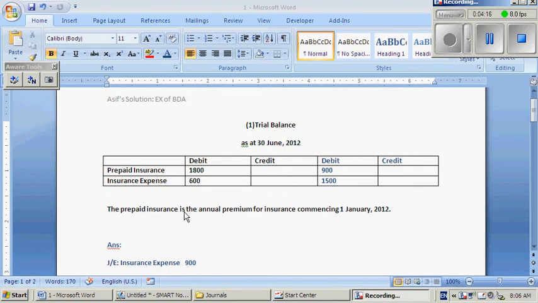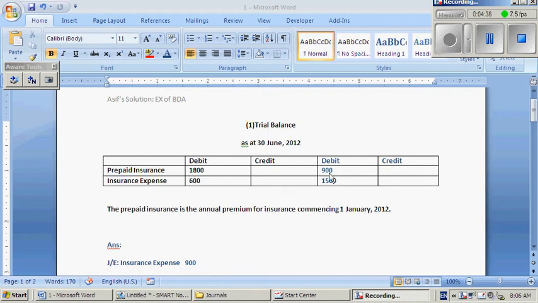The prepaid insurance is the annual premium for insurance commencing 1st January, and you are doing the trial balance as at 30 June. So 6 months gone, right? Of the 1800, 6 months gone means half of the money is gone, so half of the money is 900.